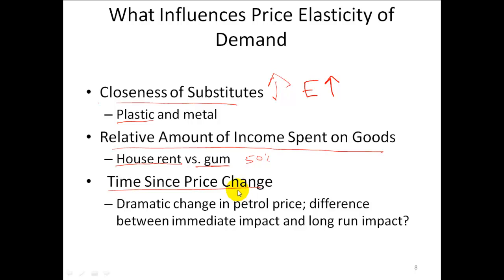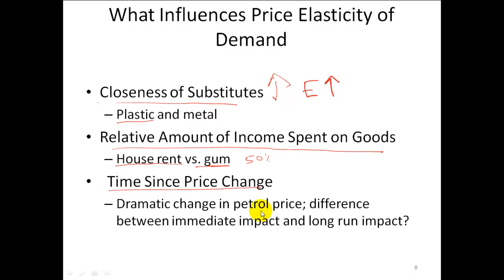Say there is a huge increase in the price of petrol. What will be the impact on demand for petrol in the short run? In the very short run, you are likely to consume roughly the same amount of petrol. But longer term, you will try and change your behavior.